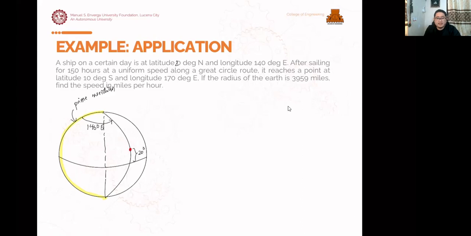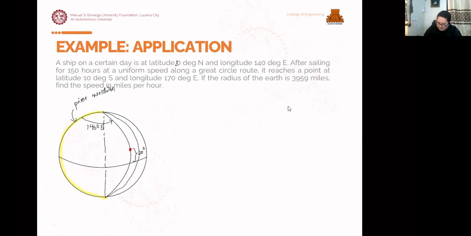Okay? And then, nag-sail siya for 150 hours. And then, yung magiging second position niya will be 10 degrees south, pero 170 degrees east. So, mula dun sa 140, magiging 170 na siya. So, halimbawa, ito. Yan.